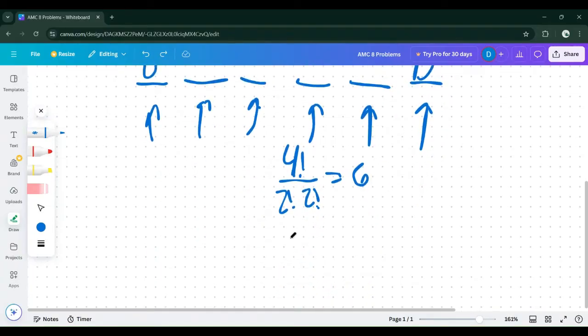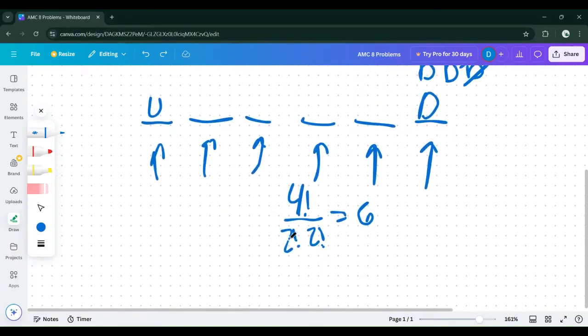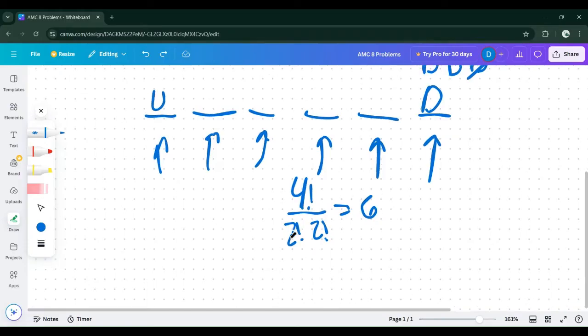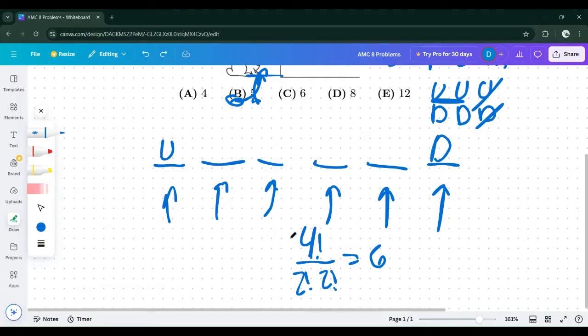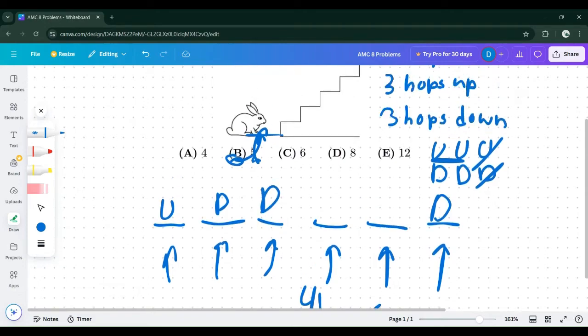But wait, there's one more step. There can't be one of the options, because if the first step is a U, and the second step is a D, and the third step is a D, that means the rabbit is going to go below the ground.